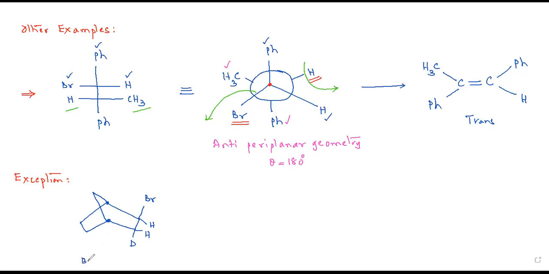So this bicyclic is a rigid one, and here we follow syn coplanar geometry. The angle is 0. That means they must be syn to each other.